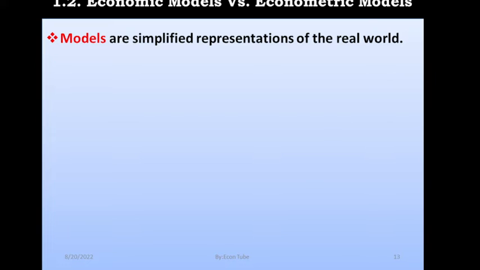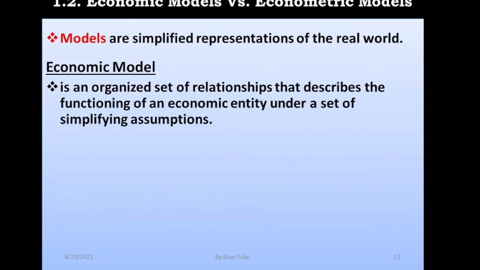1.2 Economic models versus econometric models. What do we mean by models? Models are simplified representations of the real world. An economic model is an organized set of relationships that describes the function of an economic entity under a set of simplifying assumptions.